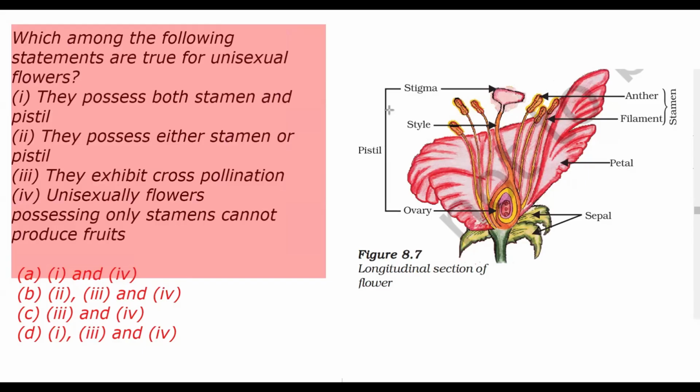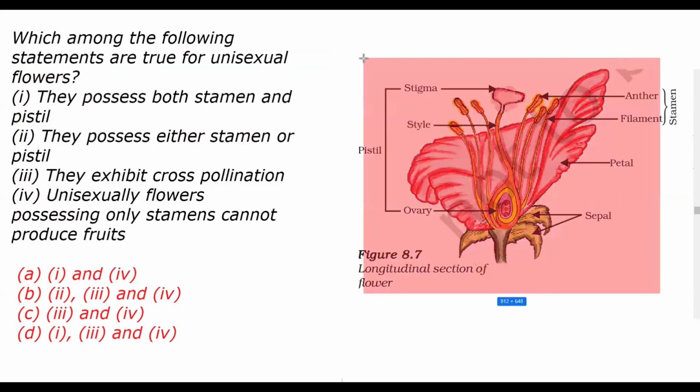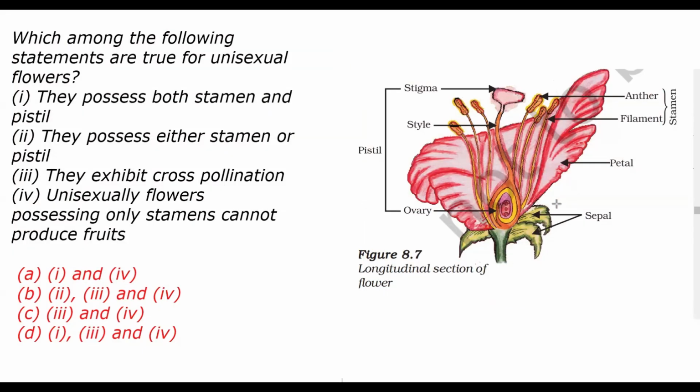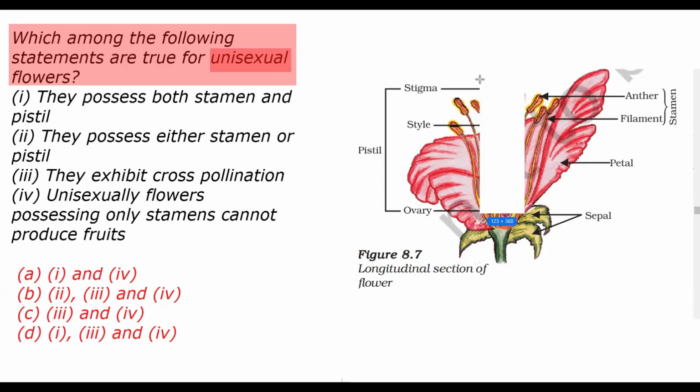So we have a question. You should first know that this diagram is not a part of the question. I just have taken it to explain the answer. The question here is, which of the following statements is true for unisexual flowers? So what are unisexual flowers? The ones which have either the male gamete or the female gamete, not both of them present. It is possible that the pistil is not there, but the anther is there.